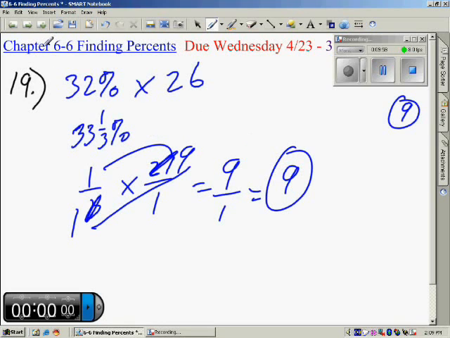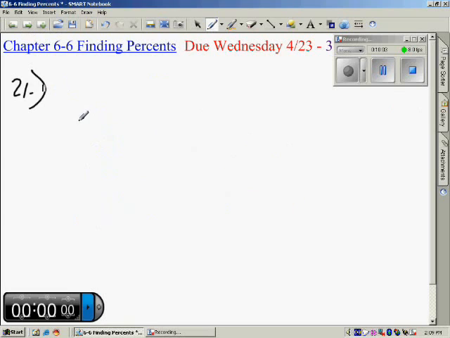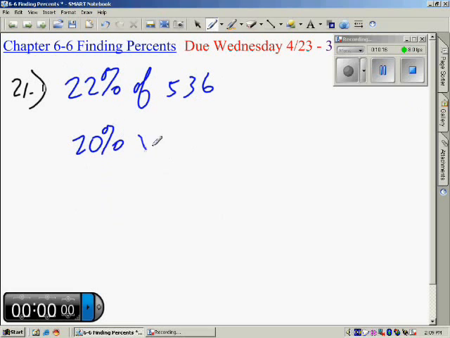You can use the video as an example for whichever one you want to do. Number 21. We're looking at 22% of 536. The way I would have done it, I would have just said 20% of basically 500.